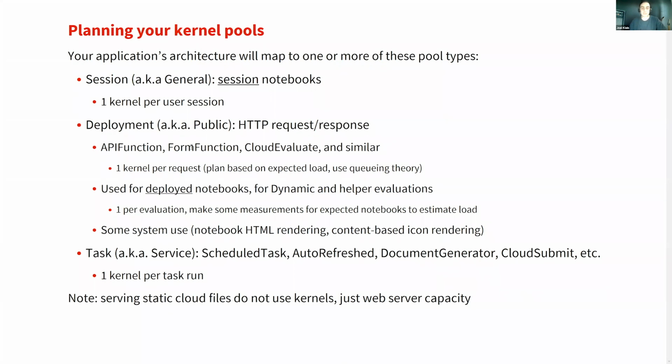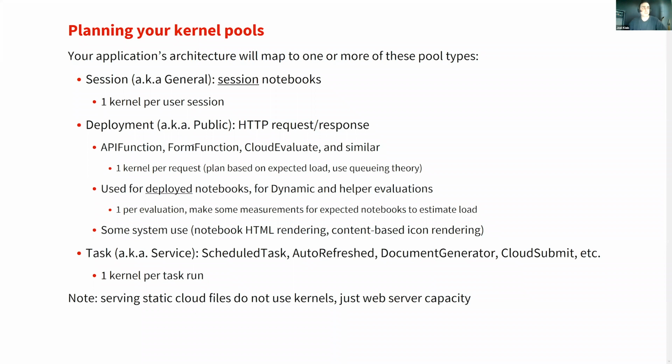So those would be your API function, form function, cloud evaluate. Every time a request comes in, like, I want to cloud evaluate, we get a public kernel, do the evaluation, destroy it, and get a new one from the pool. So the number that you need here really depends on how often you are expecting API functions.